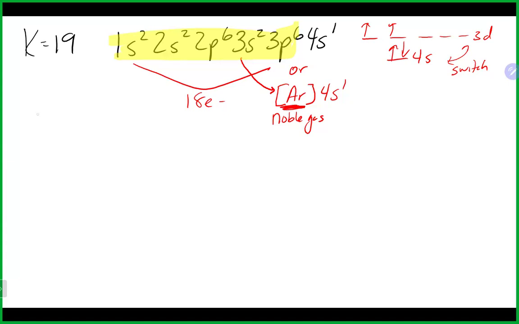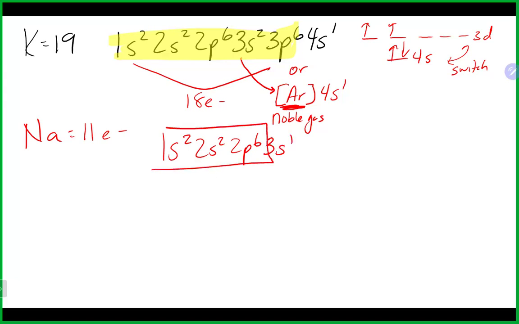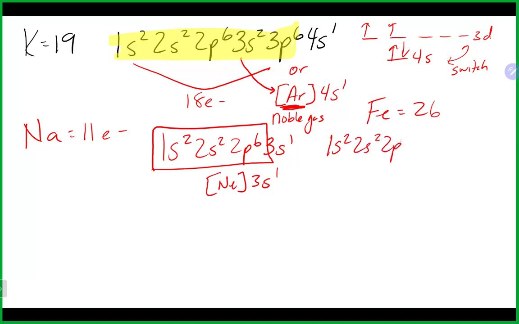So it's the noble gas that comes right before whatever element you're writing. For example, if we looked at sodium, which is 11 electrons, it would be 1s2, 2s2, 2p6, and a little 3s1 action. And right about there, that is 10 electrons, which is neon's configuration, and we would continue on with 3s1. Just like if we were doing iron, which is 26, you would go 1s2, 2s2, 2p6, 3s2, 3p6.